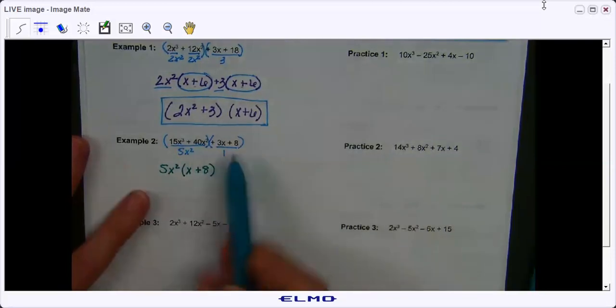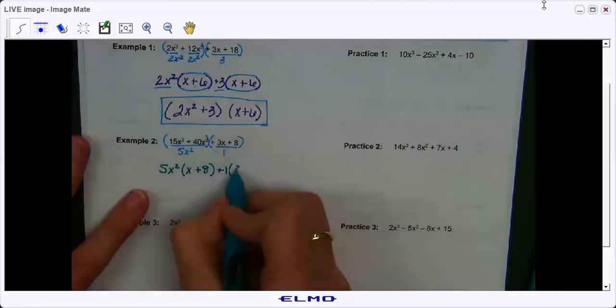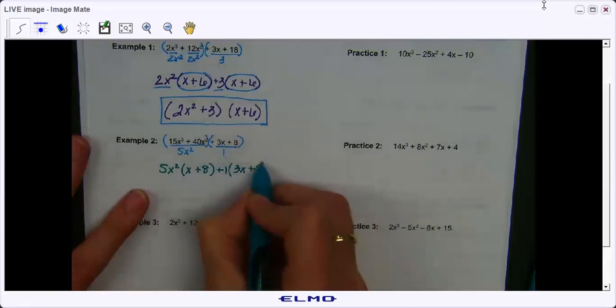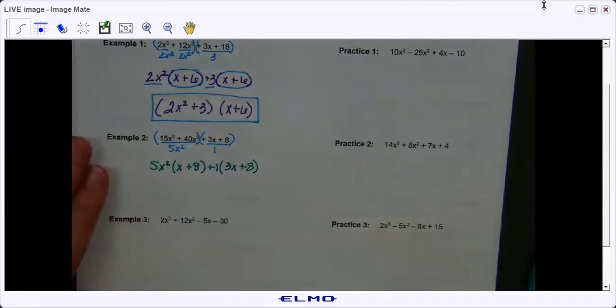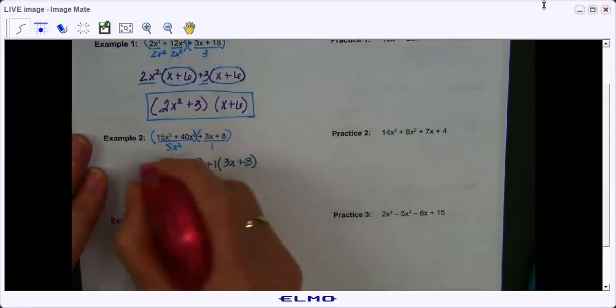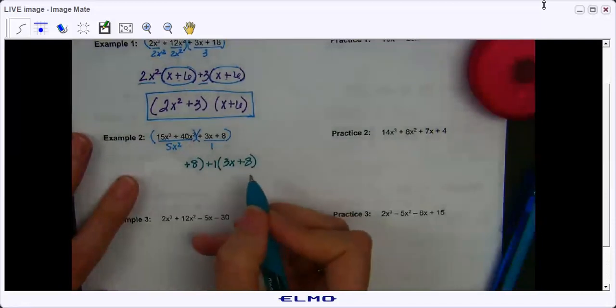And then here we factored out a positive 1. 3x divided by 1 is 3x. And 8 divided by 1 is 8.